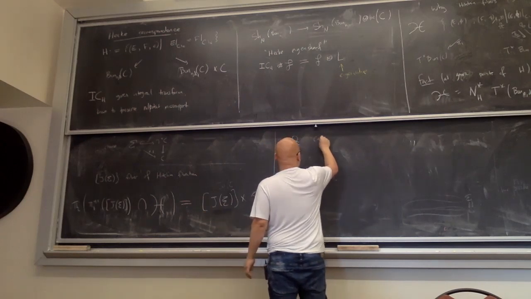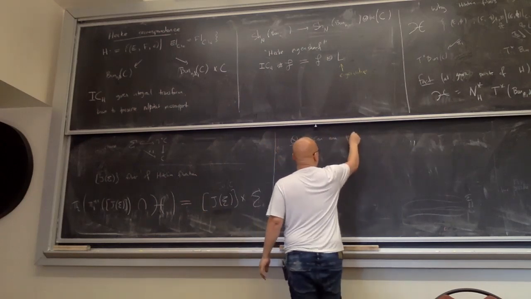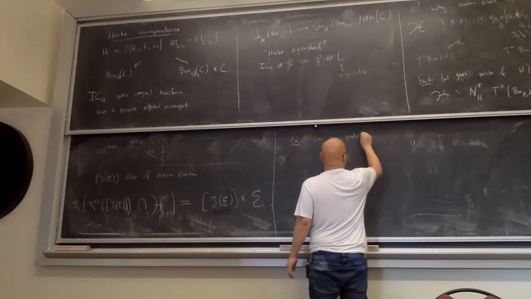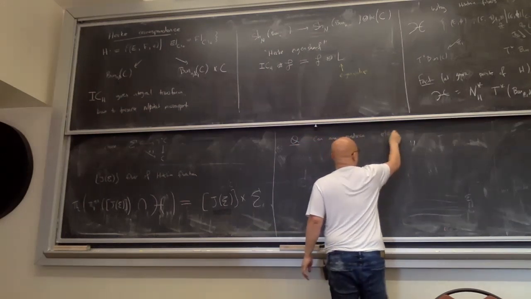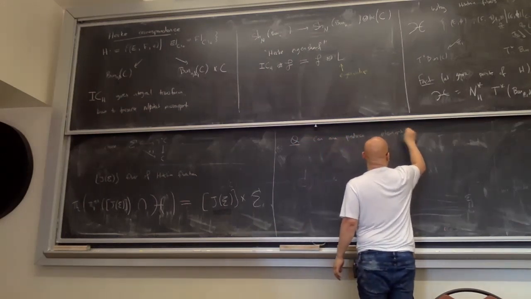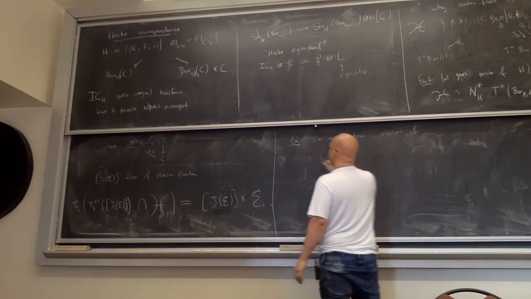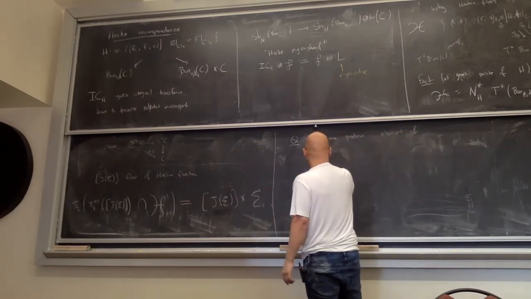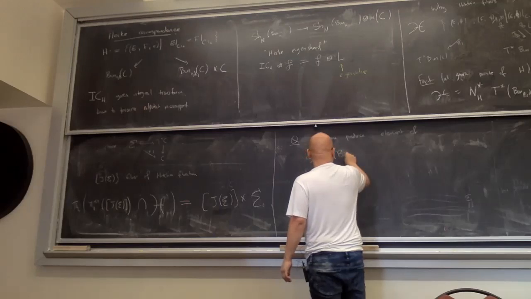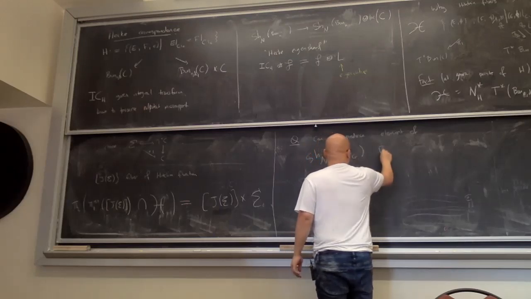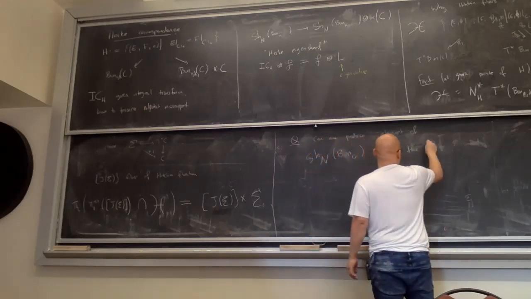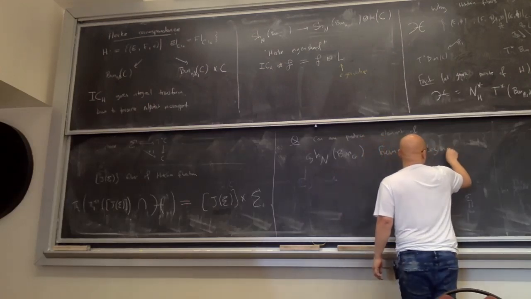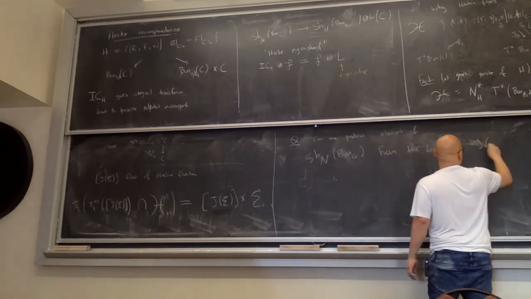Question: can one produce an element of now this thing returns the sheaves on Bun from the Lagrangian J sigma?